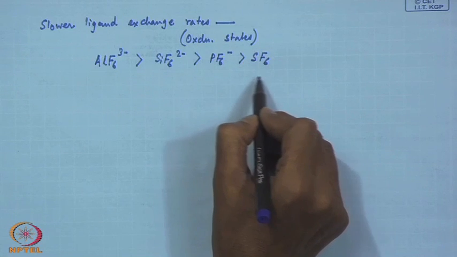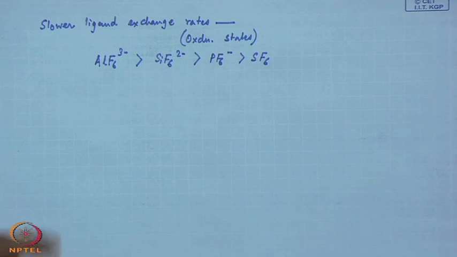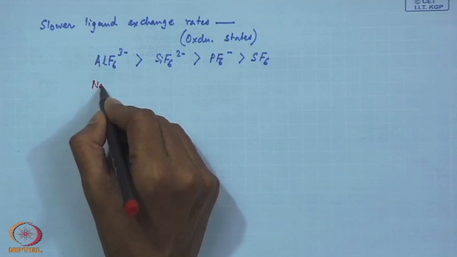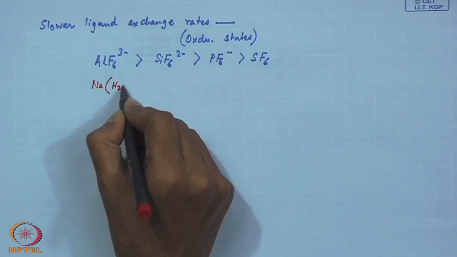Where we have the higher oxidation state, the corresponding rate is also slow. Similarly, for the water exchange reaction, this can also change.